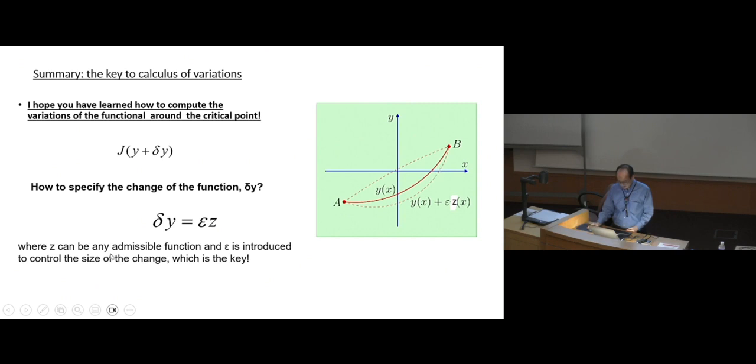So any direction, right? There can be any admissible function, and we need to introduce an epsilon to control the size of the change, which is the same as for one variable, it's just the delta x. For one variable, what is z? z equals 1, only one direction. Okay.